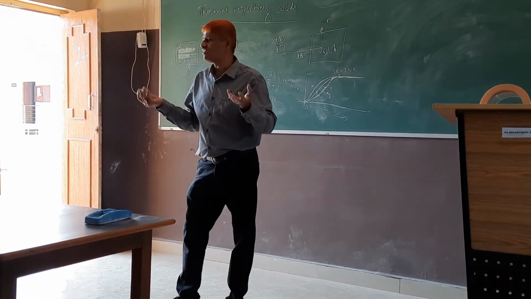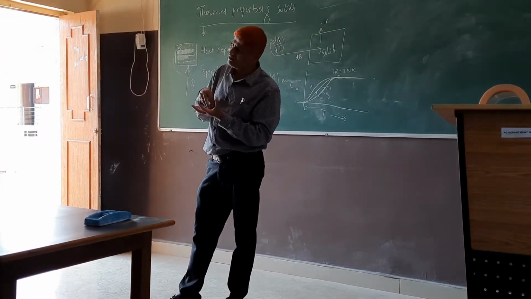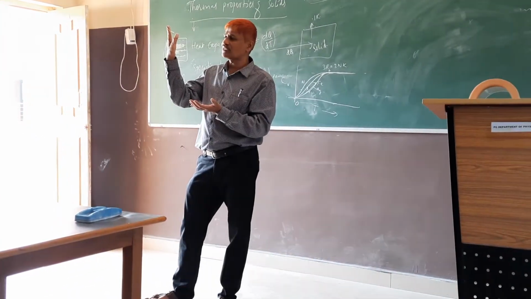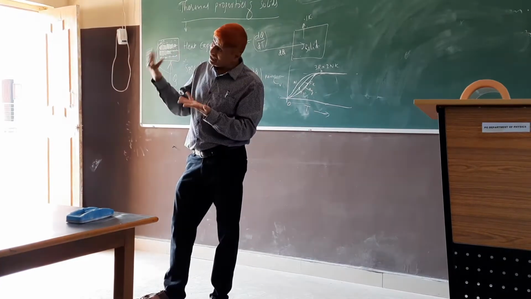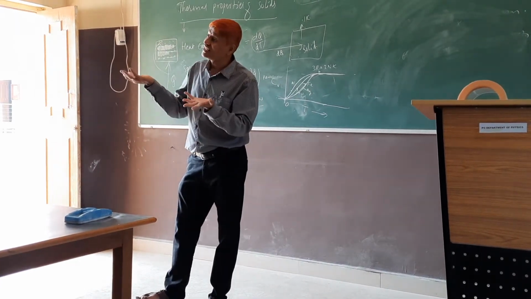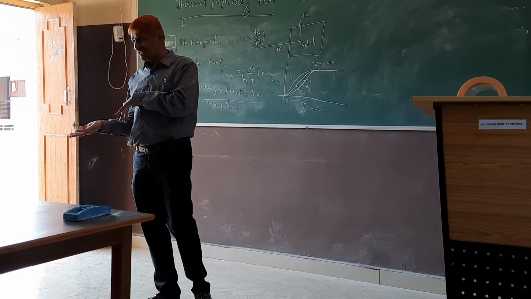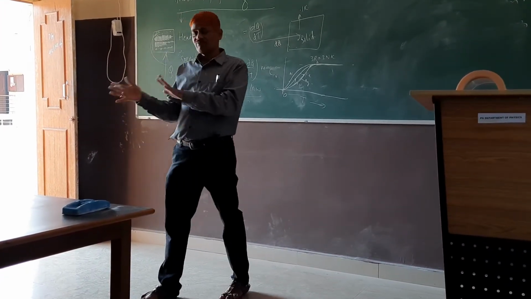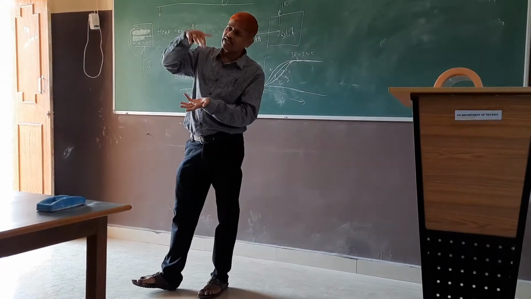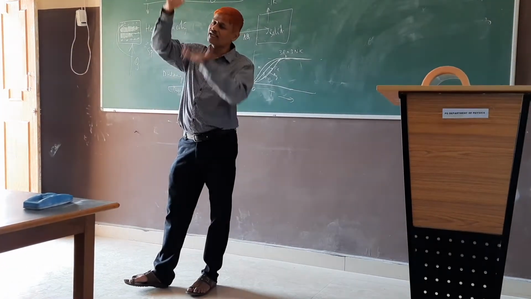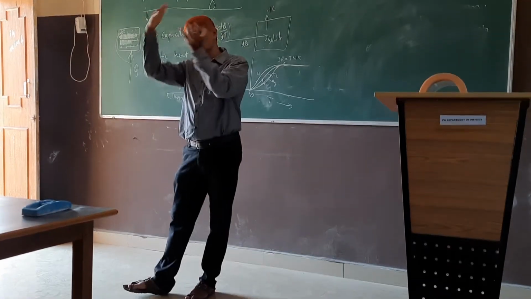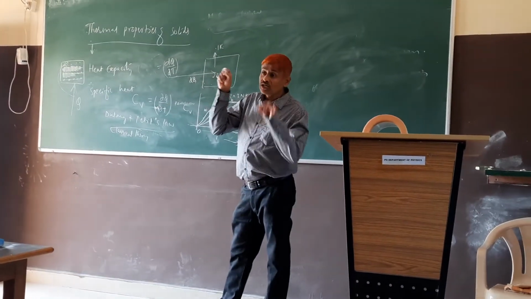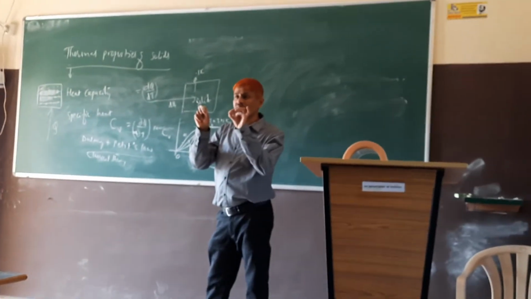Specifically, you can define it is the energy to be supplied for 1 kg of the substance to raise the temperature by 1 Kelvin. Similarly, you can define like this: it is the energy given out by the 1 kg of the substance when it is losing 1 Kelvin temperature. Again, if you are supplying, temperature increases. If it is giving out, temperature decreases. So there is a contribution coming.